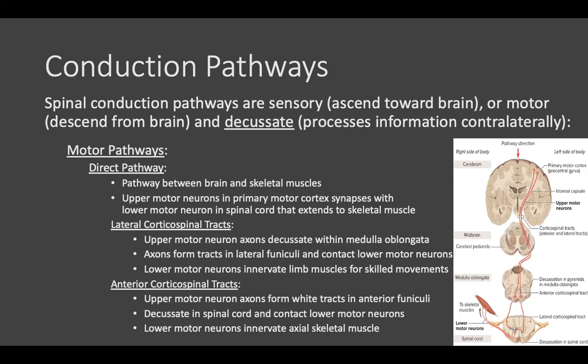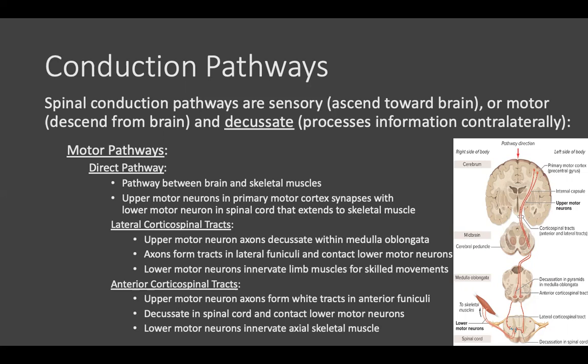But the idea is that where they do it will be the question, because you may see from the image on the right-hand side that, well, technically right now you see that one of those pathways is going to decussate and cross the midline there in the medulla oblongata. And well, why didn't the other one, the anterior corticospinal tract? Well, if you go down to the next step of the spinal column, the anterior tract will also decussate in the spinal column and travel over to the opposite side.